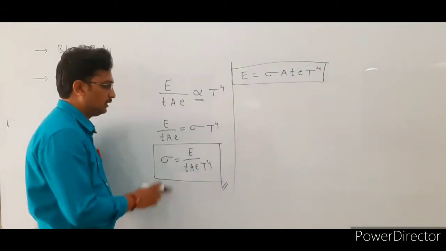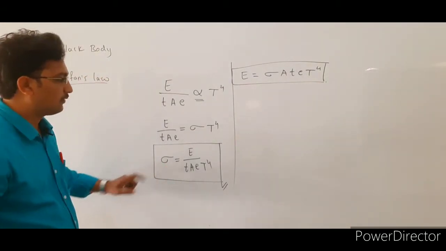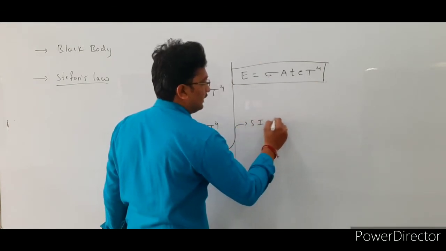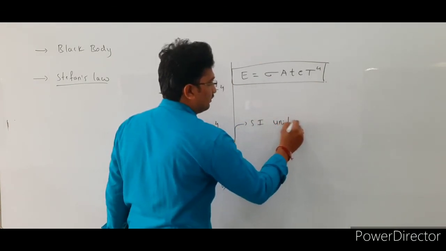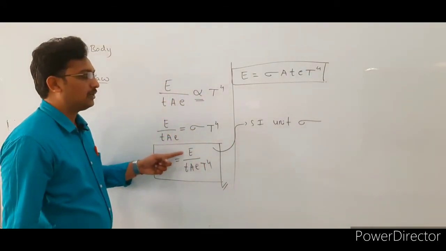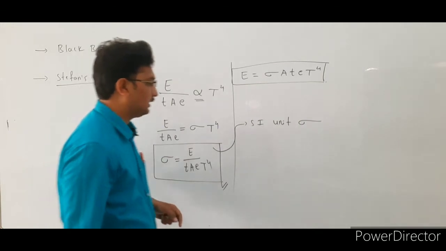Okay. The next one. So from this one, what is the SI unit of sigma? Okay, see here. So already we know that the SI unit of energy is joule.